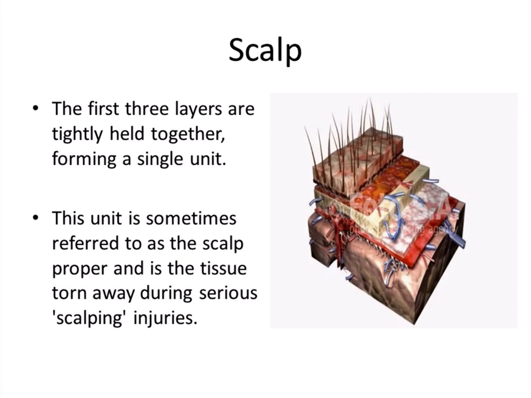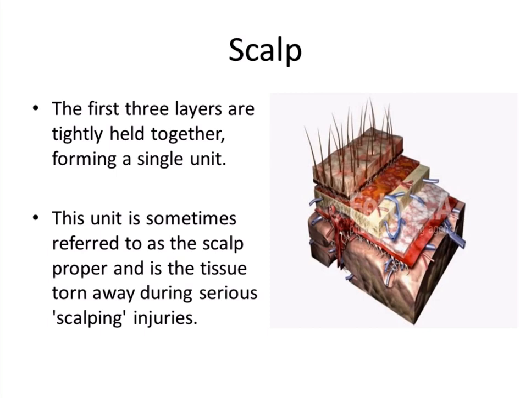The first 3 layers, the skin and subcutaneous tissue, the dense connective tissue, and the aponeurotic layer, are called the scalp proper. Scalp proper means the main layers which form the bulk of the scalp.